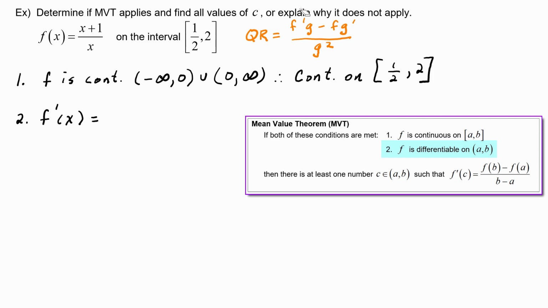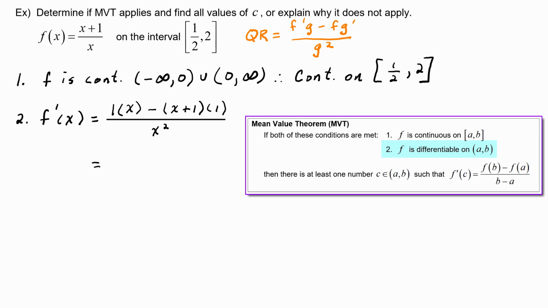So the derivative of the top would be 1, and we take that times the denominator, which is x, minus the numerator, which is x plus 1, times the derivative of the denominator, which is 1. That goes over the denominator squared, which would be x squared.